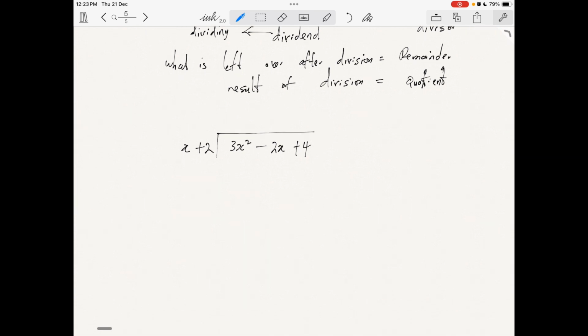The first rule is that we divide the first term of the dividend by the first term of the divisor to obtain the first term of the quotient. So maybe we write the rules down. There are 3 steps to follow, after which we'll continue the process over and over again.